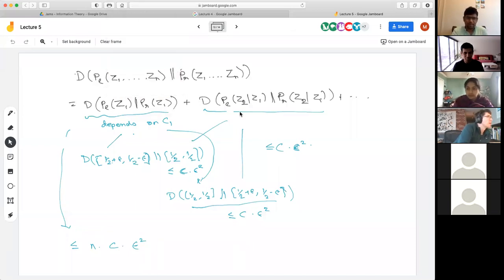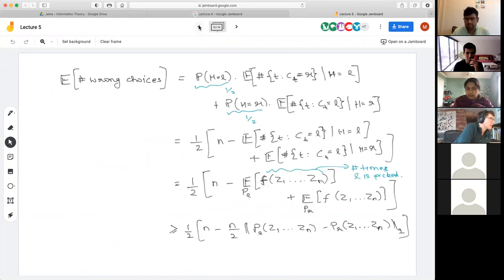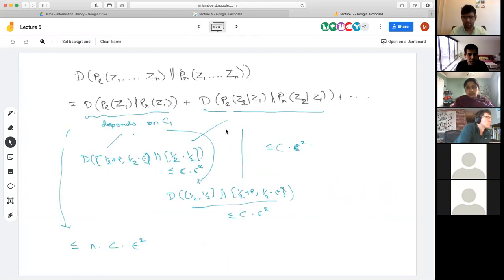Madhur, could you comment on the chain? When you condition on C1, can you explain a little bit more about why the right-hand terms have the same upper bound? Okay, you mean the KL divergence terms? First notice that C1 is not something I'm conditioning on.